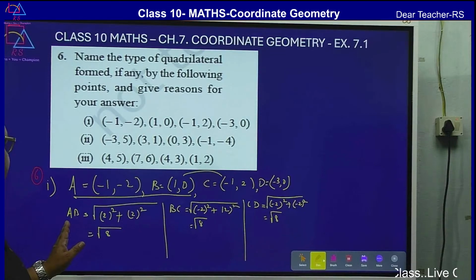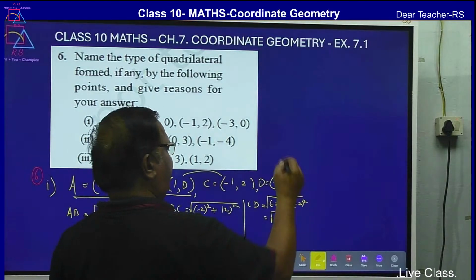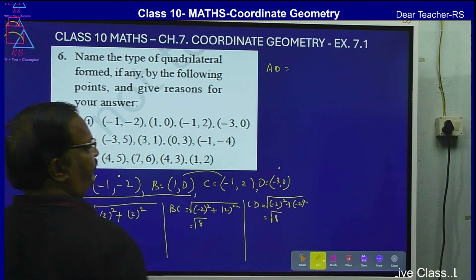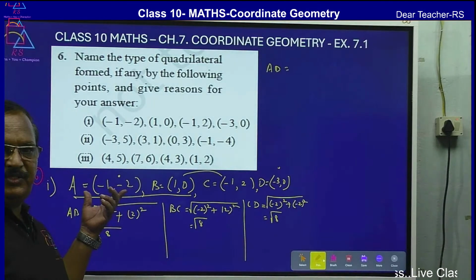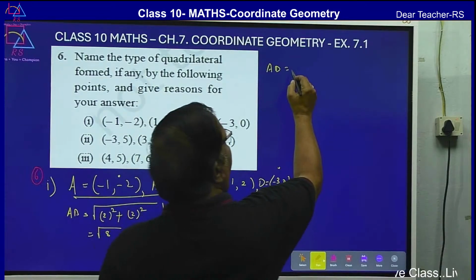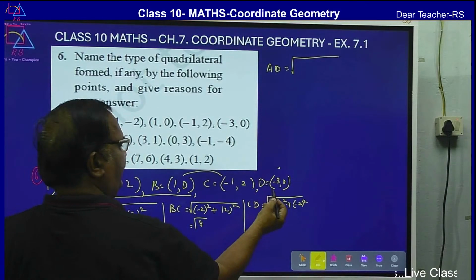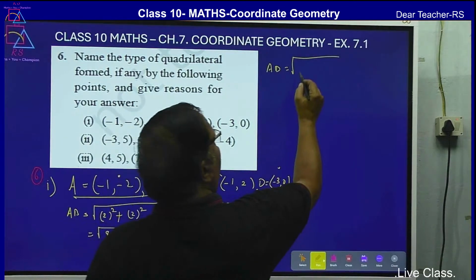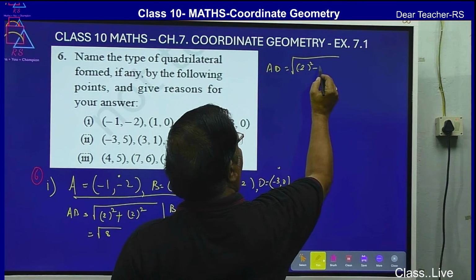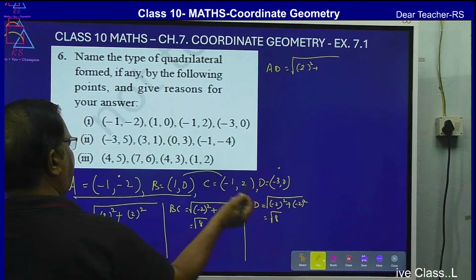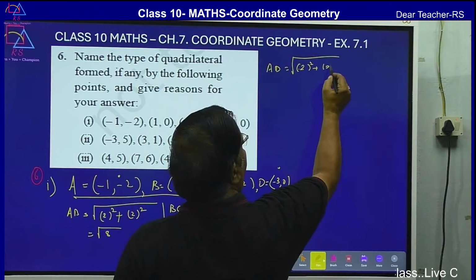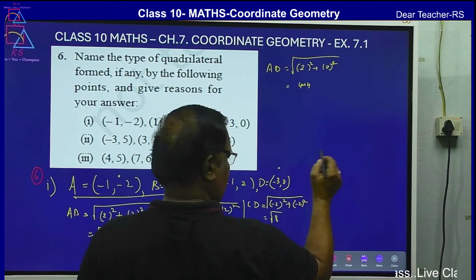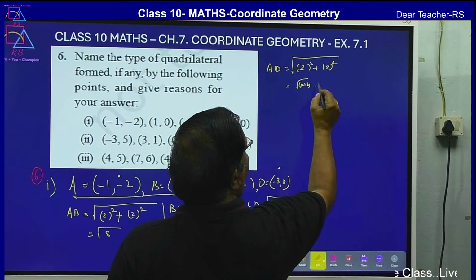So now we have got AB equal to root 8, BC equal to root 8, and CD equal to root 8. Let us find AD also. AD means this one and the last one. Under root, minus 3 minus minus 1, that is minus 3 plus 1, minus 2, whole square, plus 0 minus minus 2, that is plus 2, whole square, which is 4 plus 4, square root of 8.